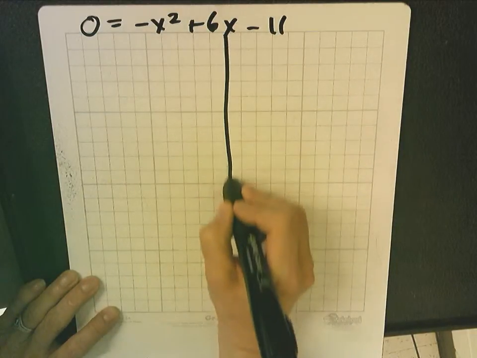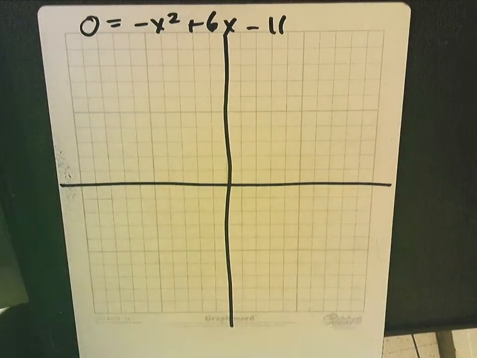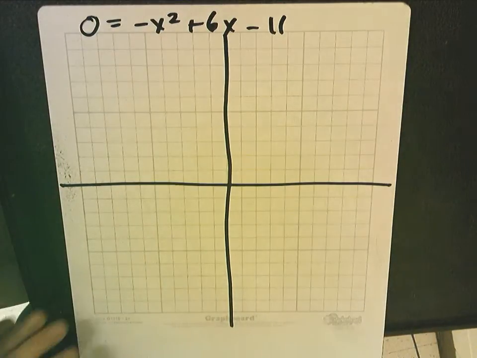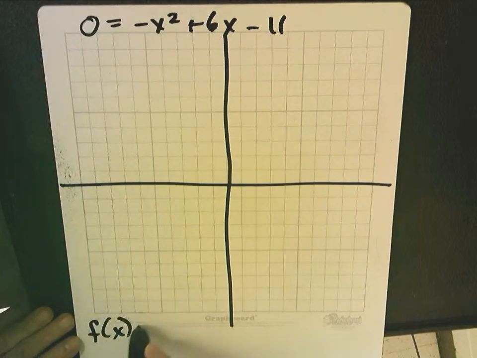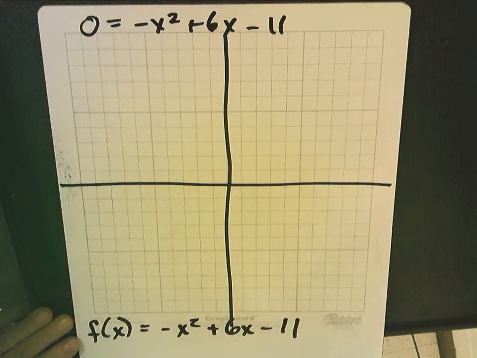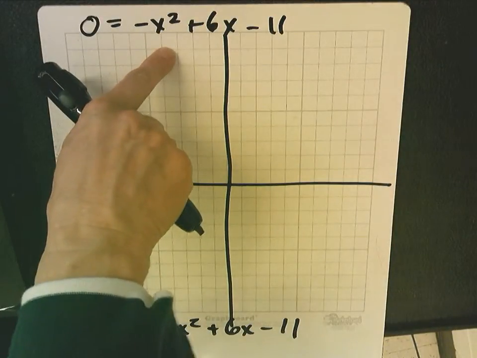Now, if I want to solve the related function, I can write this as a function. So f of x equals negative x squared plus 6x minus 11. I can graph this function, and where it crosses the x-axis would be the solution to this equation.